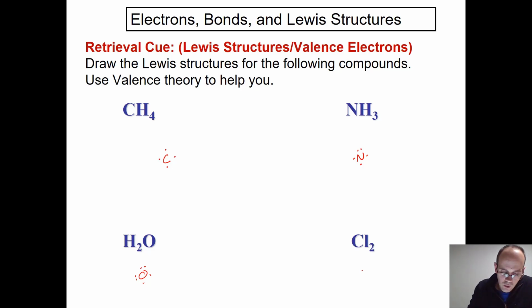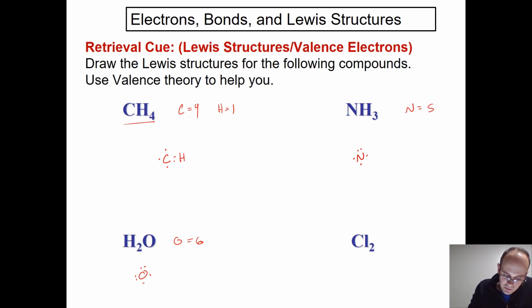So carbon had 4 valence electrons, so I've drawn them around. Nitrogen had 5, so I've drawn them around. Oxygen had 6, and I got those all from the periodic table, so I've drawn them around. And then for methane, I have 4 hydrogens, each with 1 valence electron.